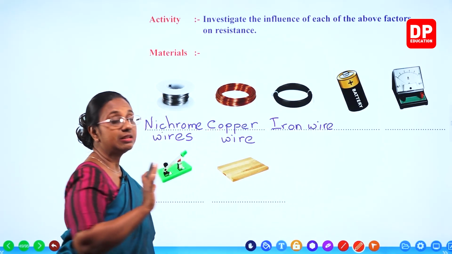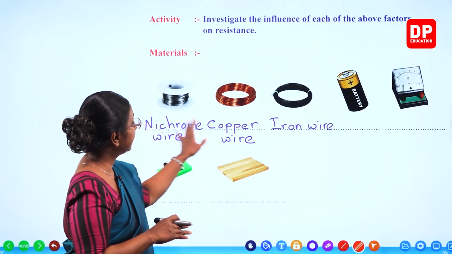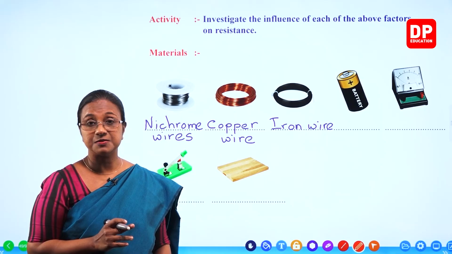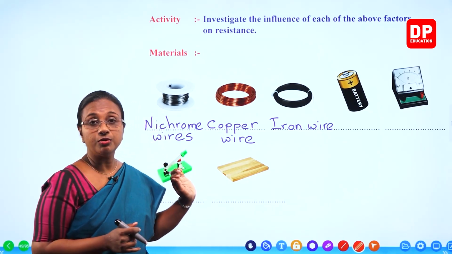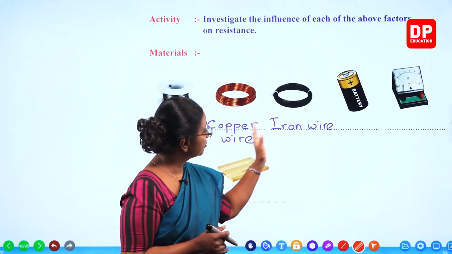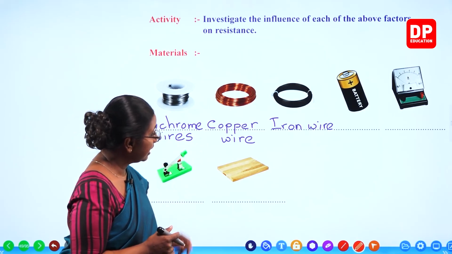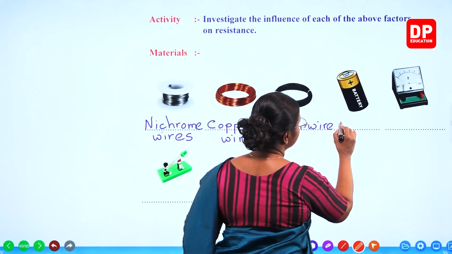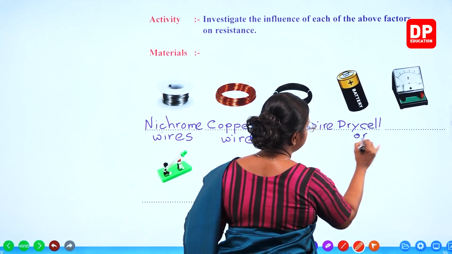So here we will be changing the thickness and the length, and we have three different materials. Basically we will be changing the thickness of the nichrome wires, and we will be using different lengths of wires as well. Then we need to have dry cells or batteries.